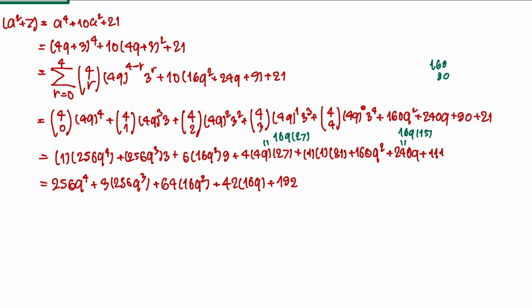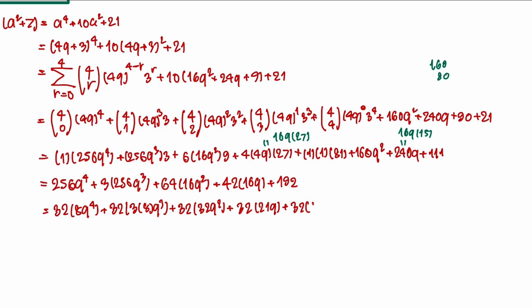And we factorize 32. So we have 32 times (8q⁴ + 3 times 8q³), sorry, 24q³, plus 32 times 2 because this is 64, so 32 times 32q², plus 21 times 32q, so it turns out to be 32 times 21q plus 32 times 6, since 192 is 32 times 6.